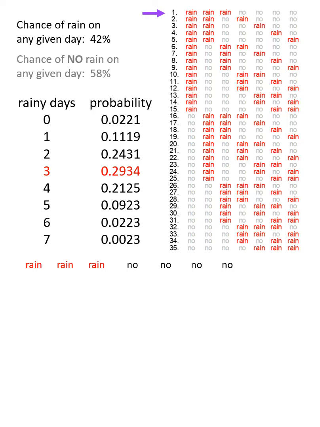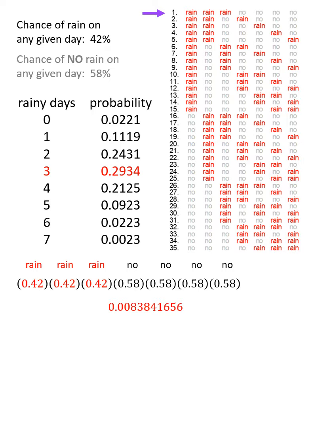So looking at the bottom of the screen, the probability of the rain and no rain falling exactly in that order, rain on Sunday, Monday, Tuesday, we could multiply all of these probabilities together and get an answer. And that answer, by the way, on my calculator, worked out to be this number.